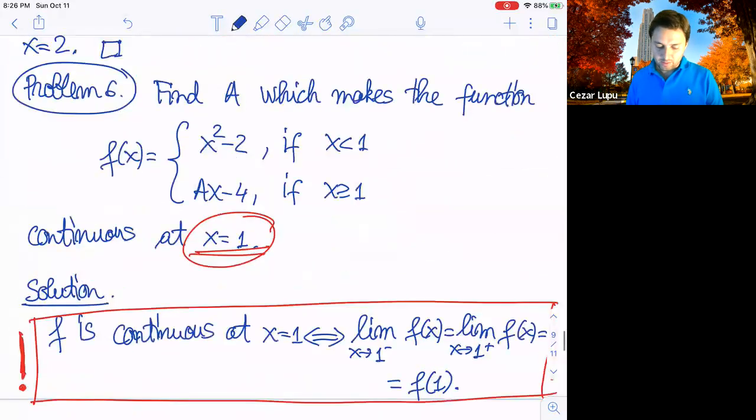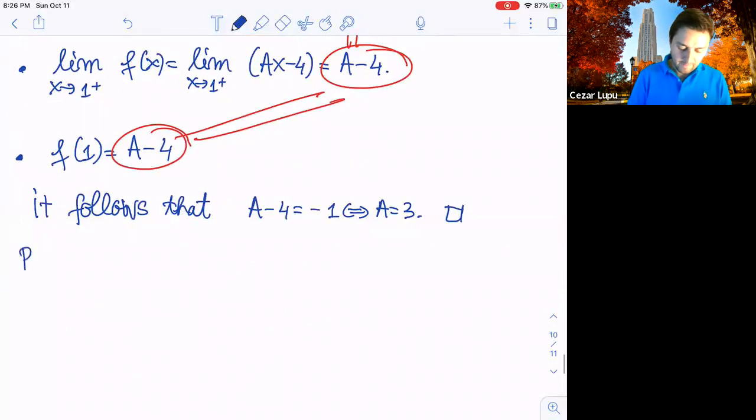Now let's see another one. So this was problem 6, now problem 7, because I would like to show you how you can fall into a trap.